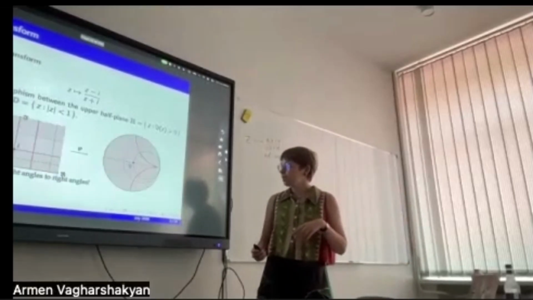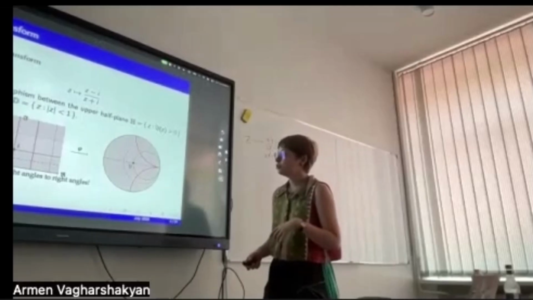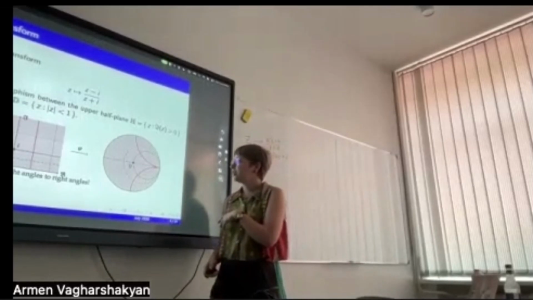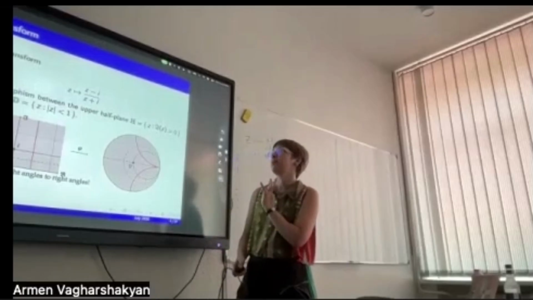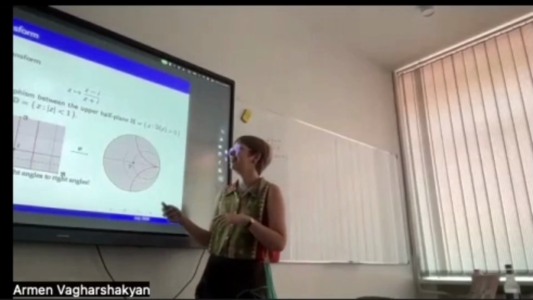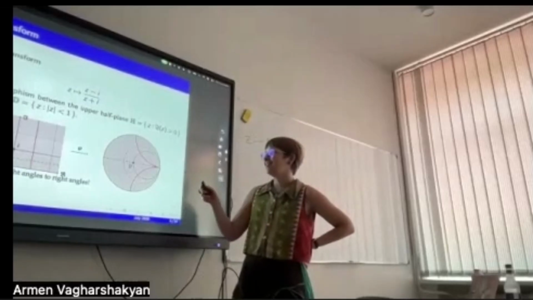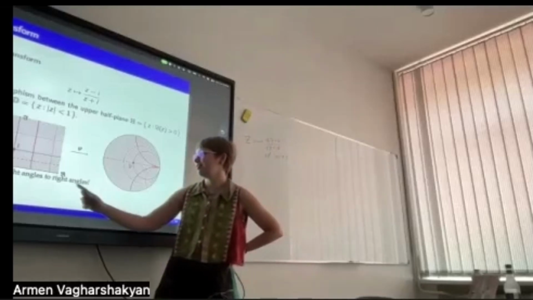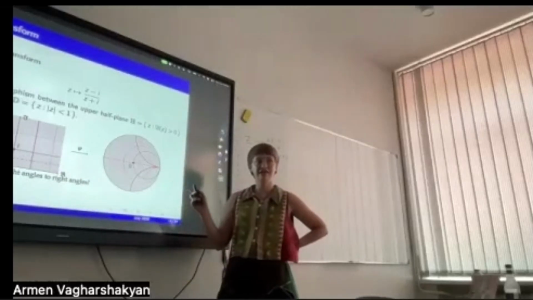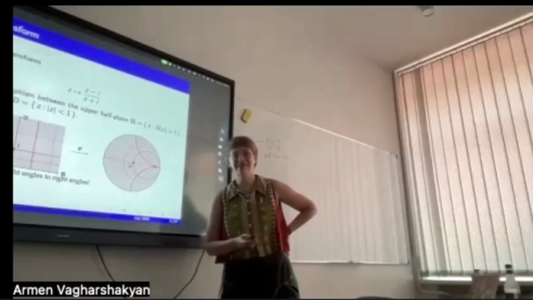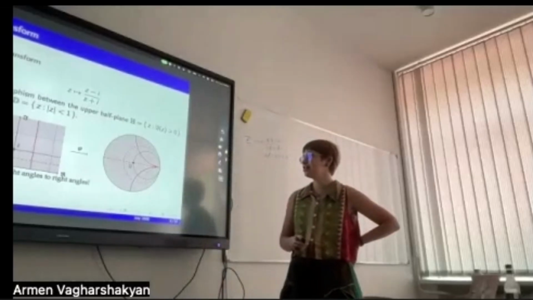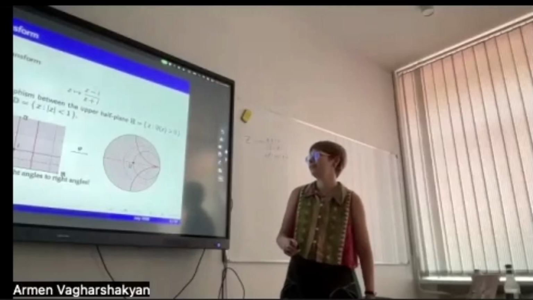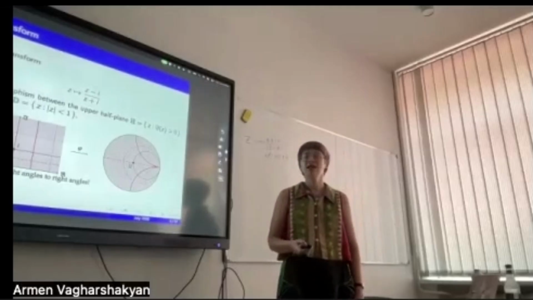I want to show this picture here. It's an exercise to show that it's really mapping a half plane to a unit disk, but what is important is that right angles are moved to right angles. It's not a real proof, it's just a demonstration of the conformality of this transformation.